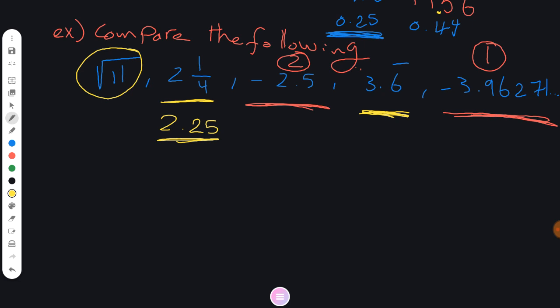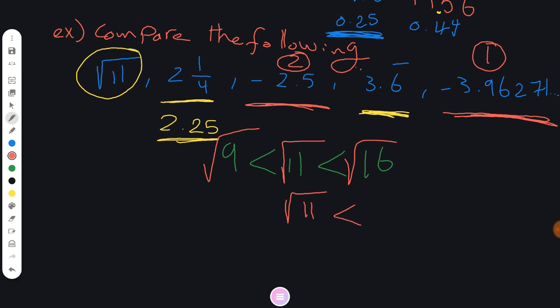To know the square root of 11, we will do the steps from before. 11 is located between two perfect squares. The perfect square less than it is 9, yes. And what is the perfect square greater? It's 16, yes, that's right. By taking the square root, I can find that the square root of 11 is located between the square root of 9, which is 3, and the square root of 16, which is 4.